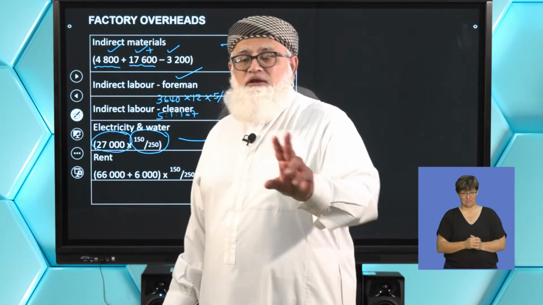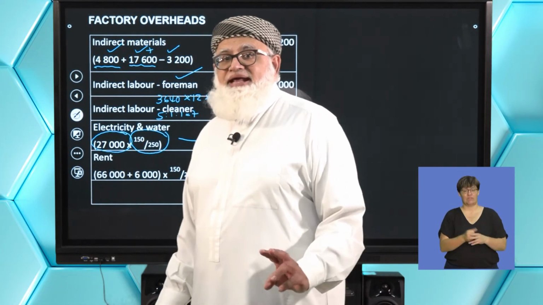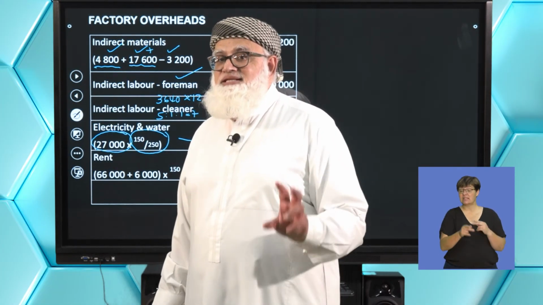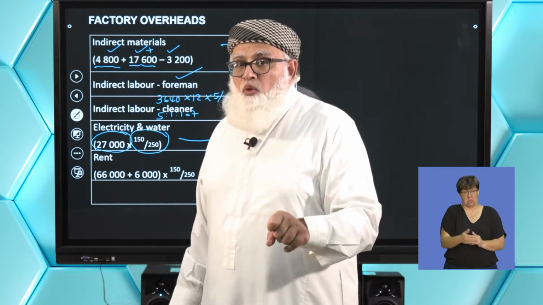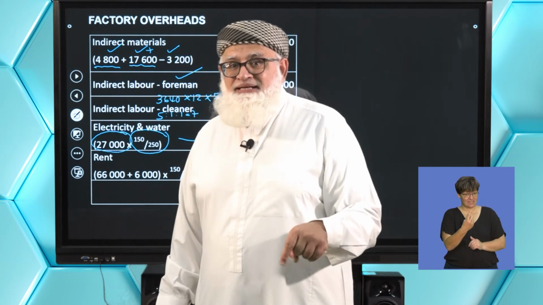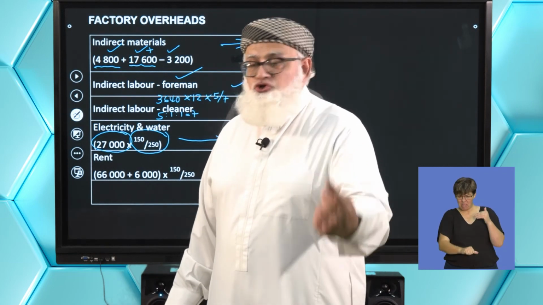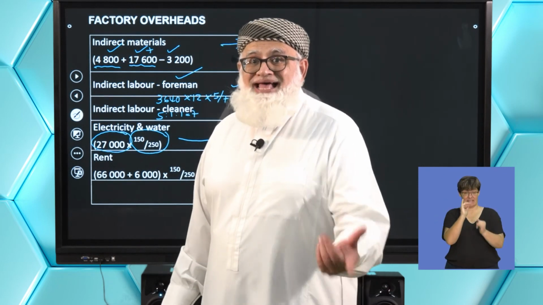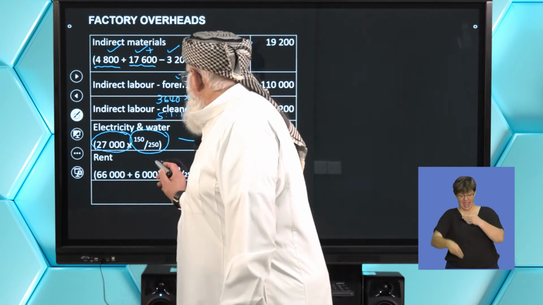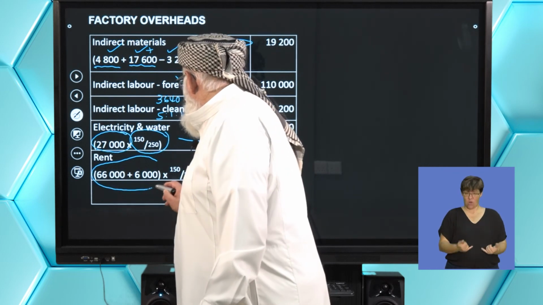Then we come to the rent. In the rent, you paid 66,000 Rand, but there was 1 month of rent outstanding. So step number 1, first determine the 1 month's rental. So you took the 66,000 divided by 11 will give you 6,000. Add the 6,000, which now gives you your full rental for the year.